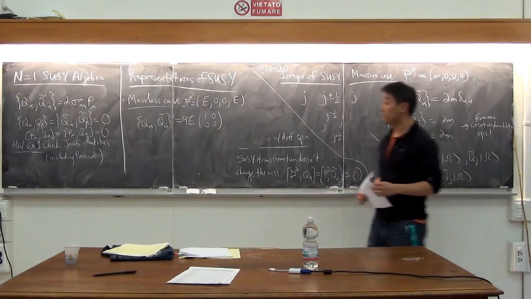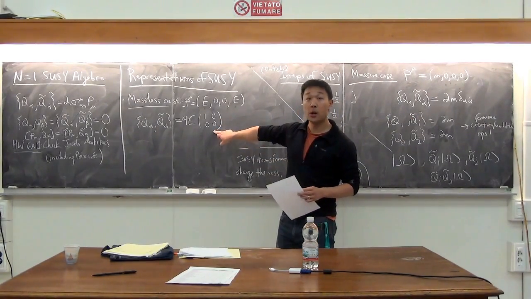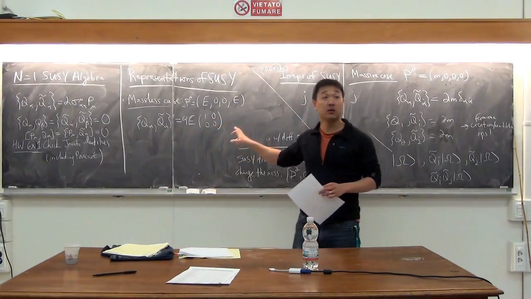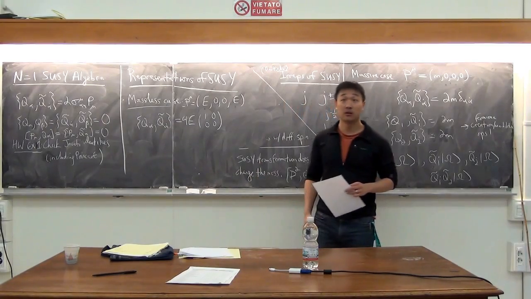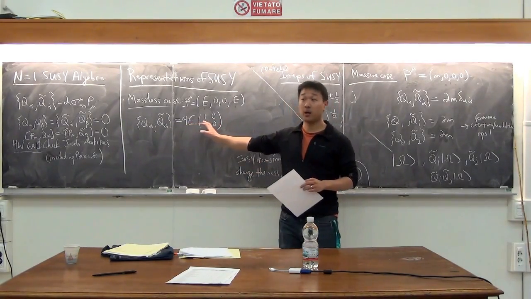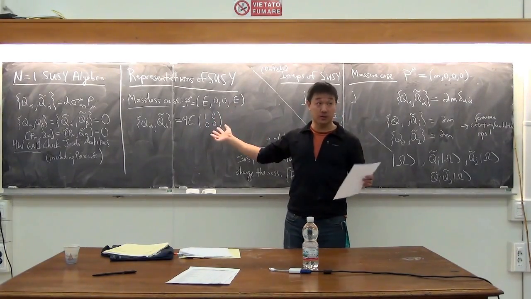All right. So, what is this? It's a little more complicated, but not really. They're still raising and lowering operators, but how many do I have now? Just one set of raising and lowering operators.